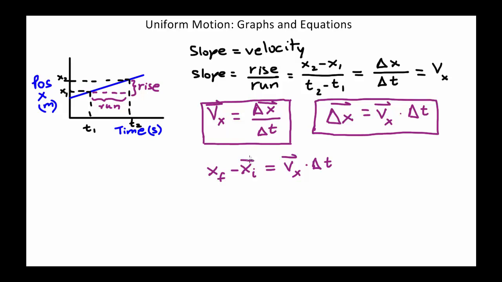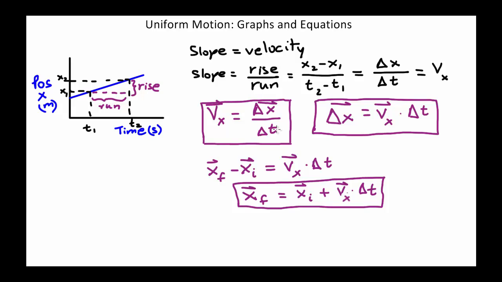And positions are also vectors with respect to the origin of the coordinate system. So when I rearrange this by adding xi to both sides, I get xf, which is a final position, equals xi plus vx times delta t. So here are my three common equations of uniform motion.